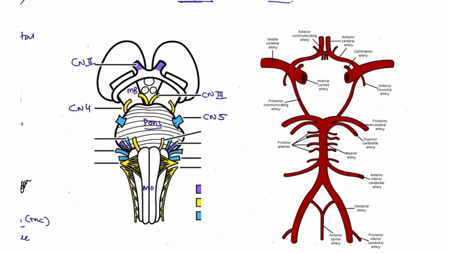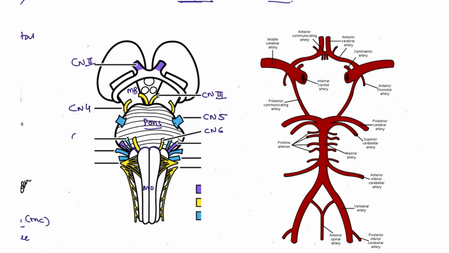Okay, next here in this junction, this is the ponto medullary junction. In the ponto cerebellar segment also, we can say cerebellar pontine segment. What are the nerves that are coming out here? The first nerve that is coming here is the CN6, that is the abducens nerve, and also here you can see the facial nerve.